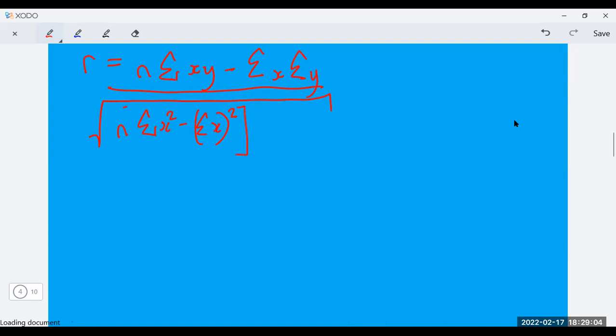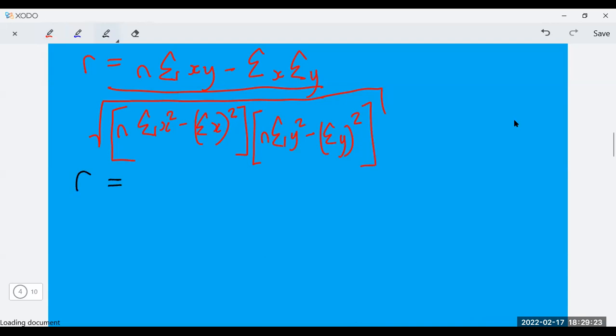Put a bracket around this. Put another bracket now. n times the sum of y squared minus the sum of y all squared. All right, so let's go ahead now and perform our computation.